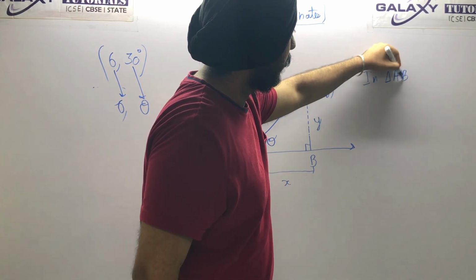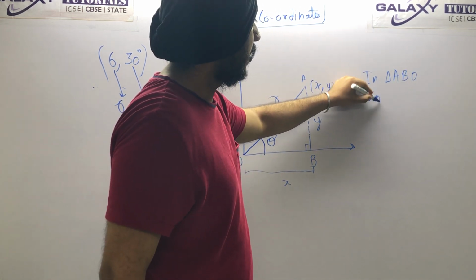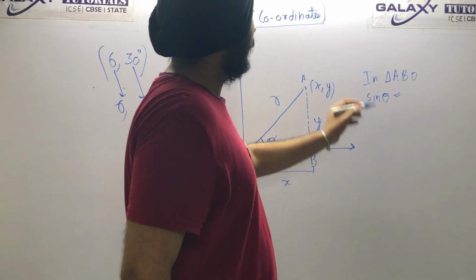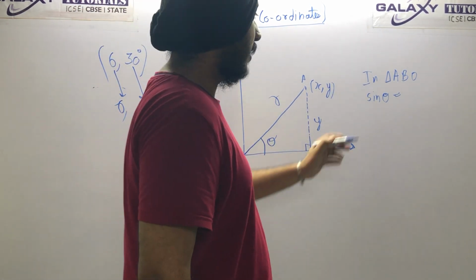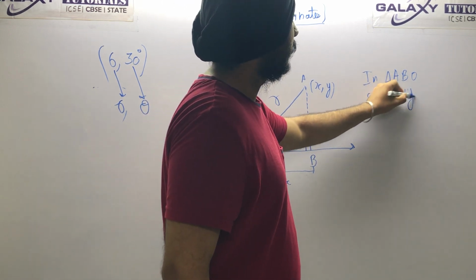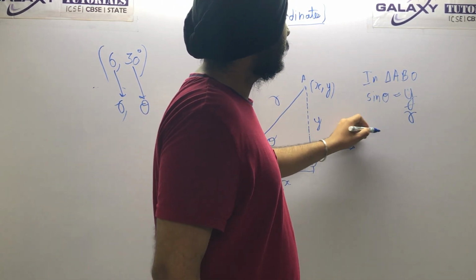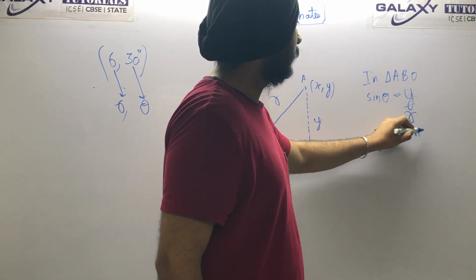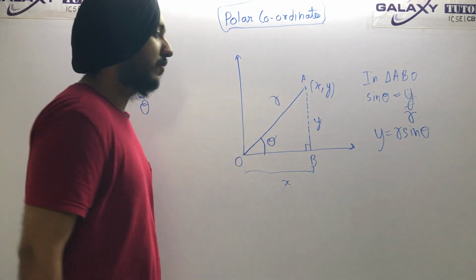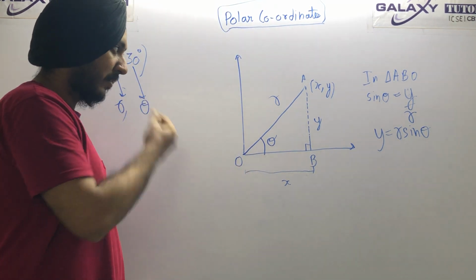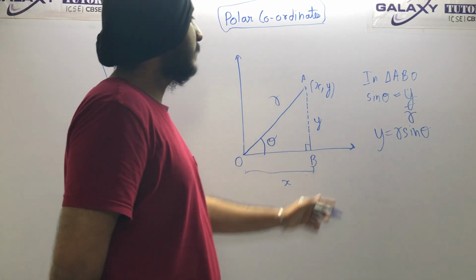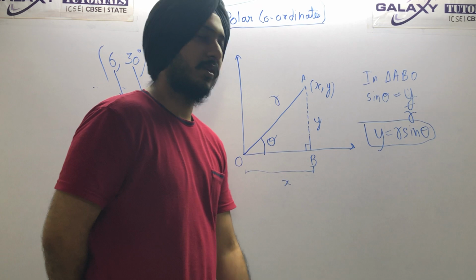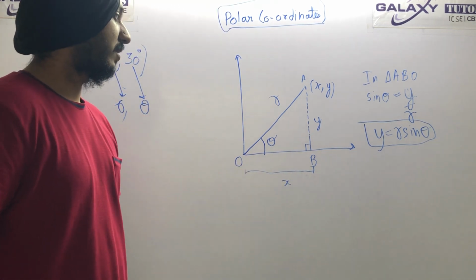Sine theta is perpendicular upon hypotenuse, y upon r. Or in other terms, y is equal to r sine theta. So this is the relationship between the y coordinate and r and theta.